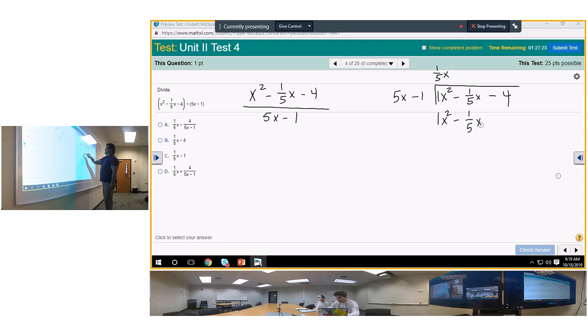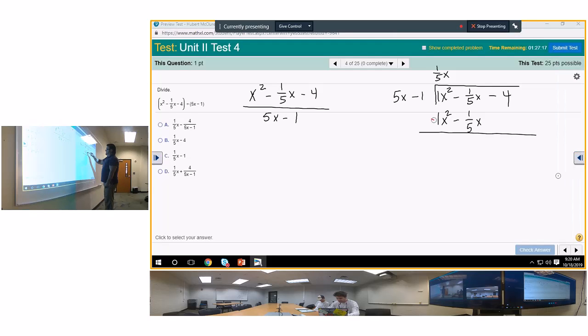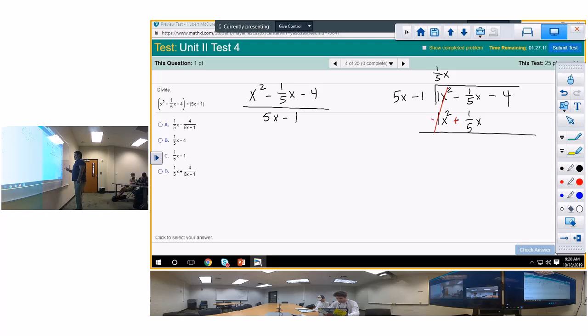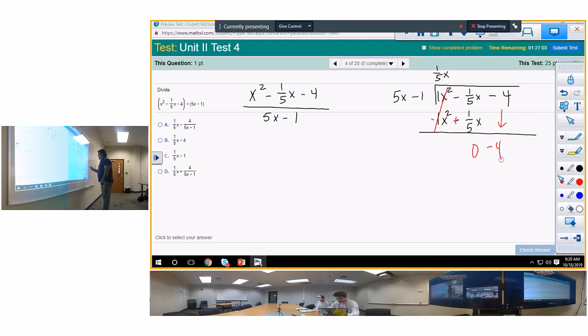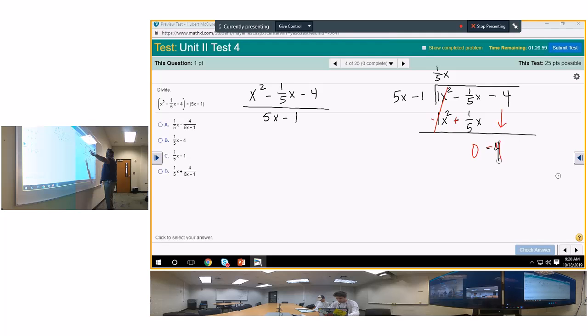What do we always do? We always subtract. So that's going to make this a negative and make that a positive. Negative 1/5 x plus 1/5 x? 0. And negative 4 comes down to help out. And since negative 4 is less than 5x minus 1, you have a remainder of negative 4.